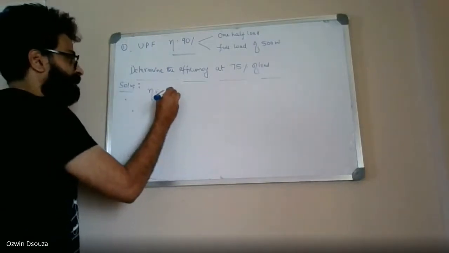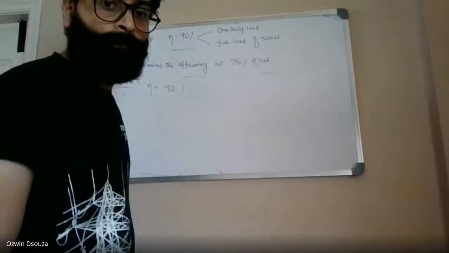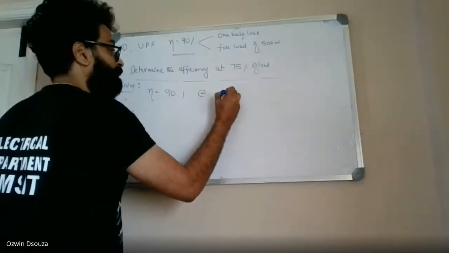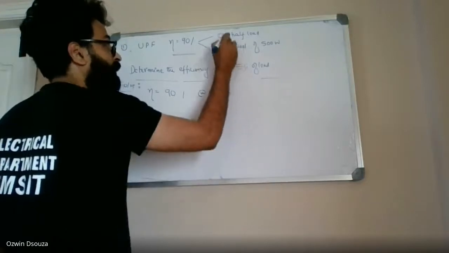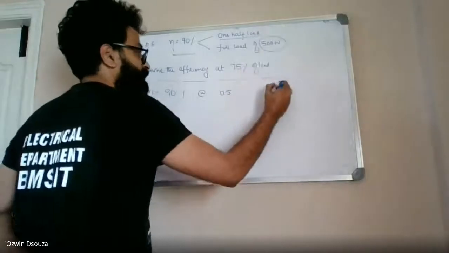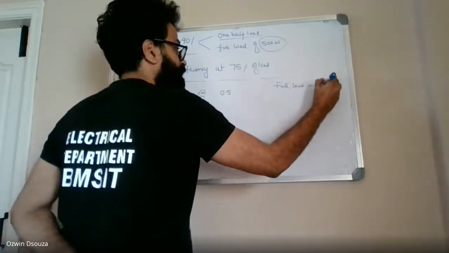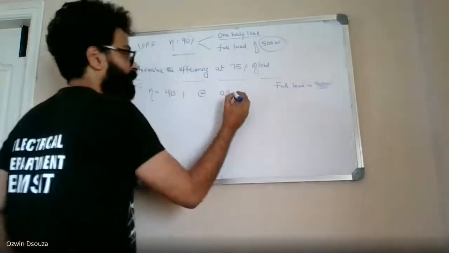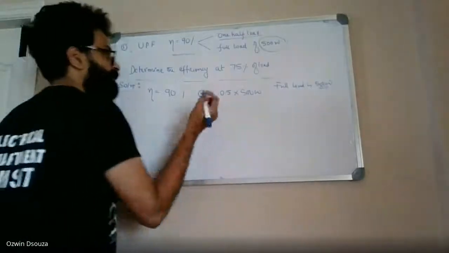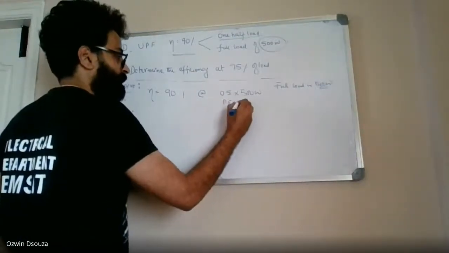So eta is equal to 90% at half load, right? And what is the full load value? 500 watts. So here it is given as full load is 500 watts. So 0.5 into 500 watts, and power factor is 1.